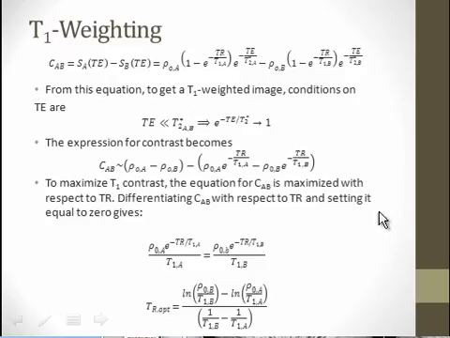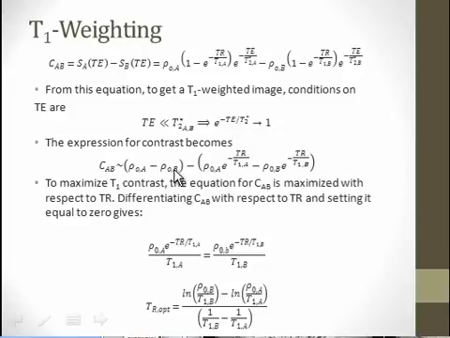Now if we want to do T1 weighting, we really just need to make sure that TE is much less than T2 star of A and B. And then for TR, we can really optimize it, because using this condition we can come up with an expression for the contrast.